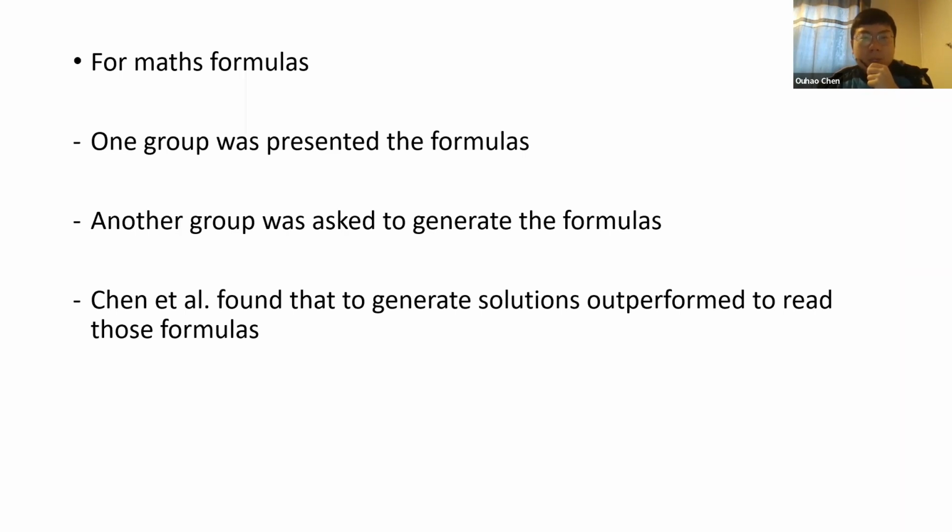Another group, we asked them to generate the formula. We only gave the instruction, please write out the formula of a circle. So the participants needed to write out pi r squared equals the area of a circle. That group needed to generate the answers.